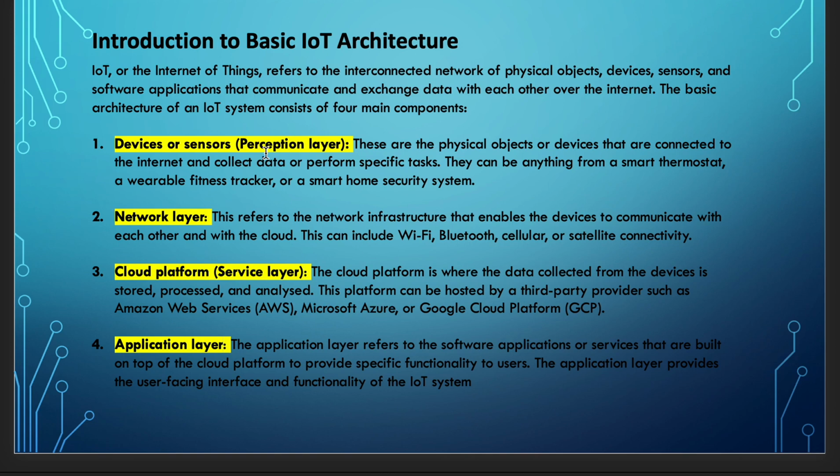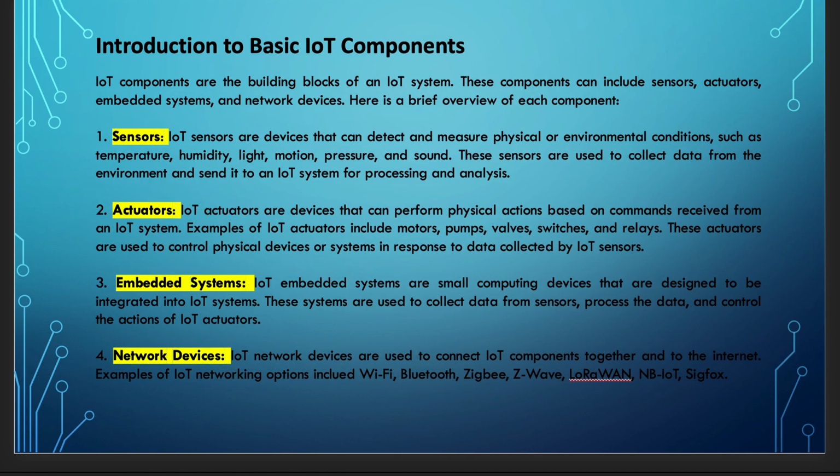And in the perception layer, we talked about the components that are there, so we should know how to network them and make them communicate. So, introduction to basic IoT components. Here the perception layer would have sensors, actuators, and embedded systems. Then they will be networked between each other and will be talking to each other, right?